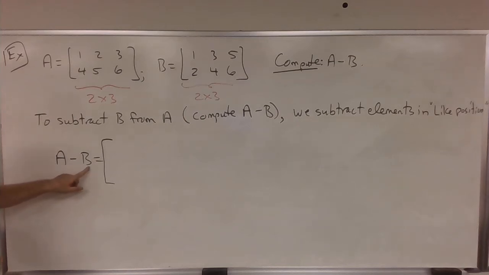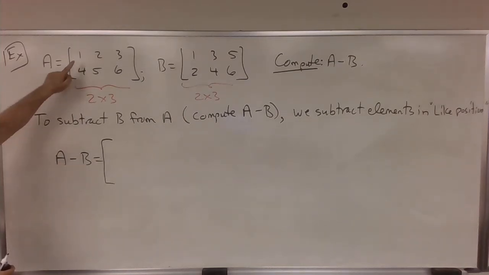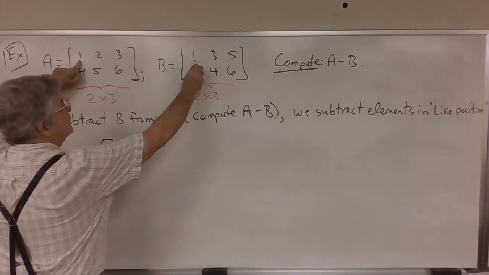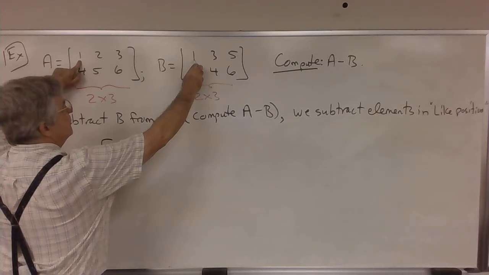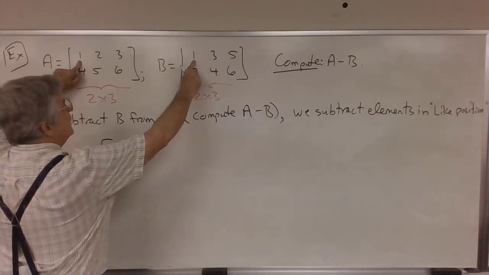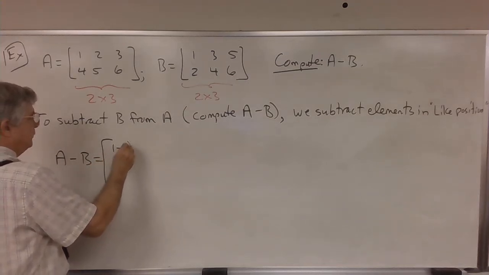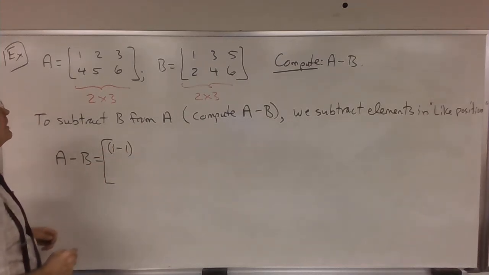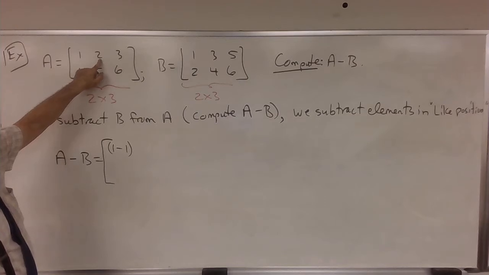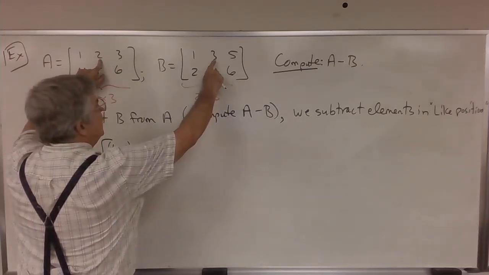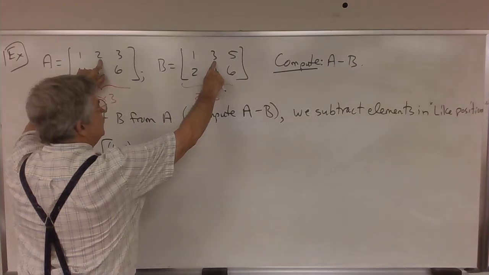To subtract B from A, we'll go to the element in A, first row, first column, and we'll find the corresponding element in B, first row and first column. And we'll subtract the element in B from the element in A, 1 minus 1. Then we'll move to the first row, second column, and find the element in B, first row, second column.